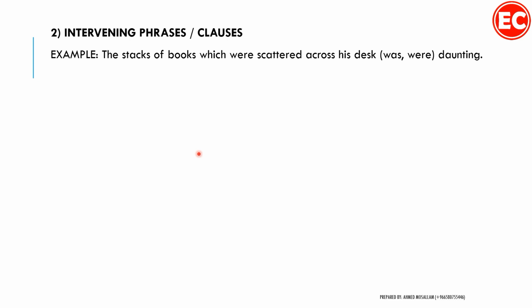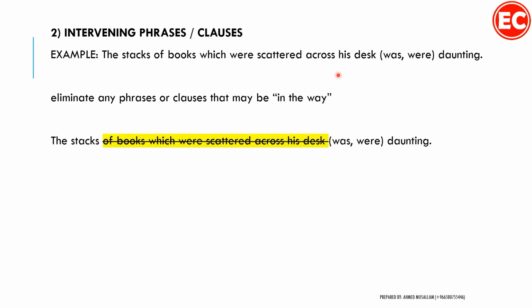Keep in mind that you look for the subject, the doer of that action or that verb. So we have the stacks of books which were scattered across the desk. We have to eliminate any phrases or clauses that may be in the way between the subject and the verb. So the stacks will be the subject, plural, so I'm going to use were.